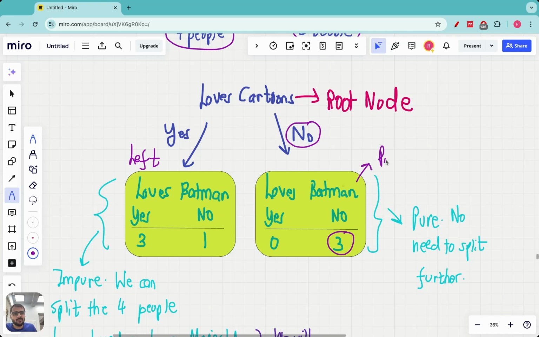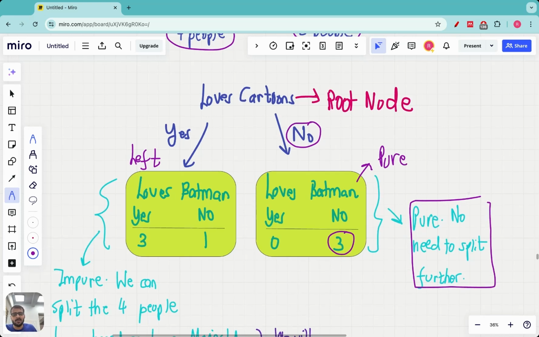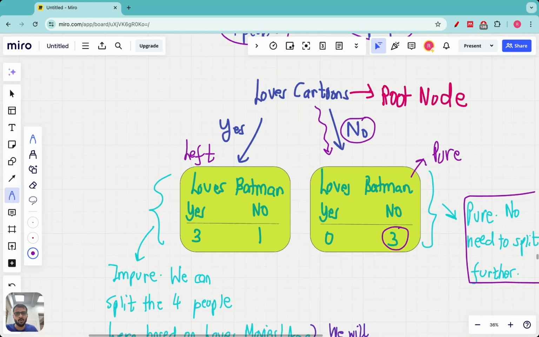So this leaf is actually fully pure, which means that it does not have a mixture of classes. And so we don't need to split the decision tree any further on this branch, because it's already pure. We already know that all the people who say no, they don't love cartoons, would not like Batman. So we don't need to split the decision tree further after this point.